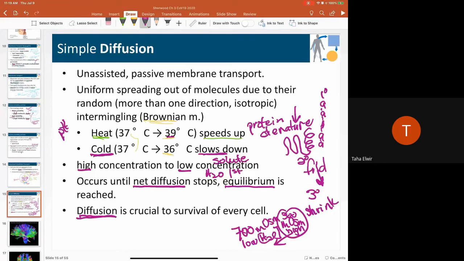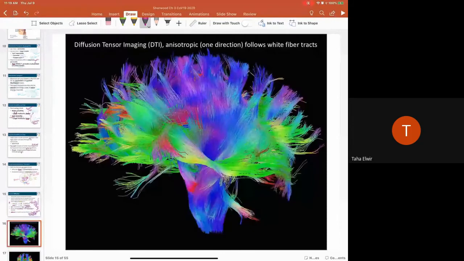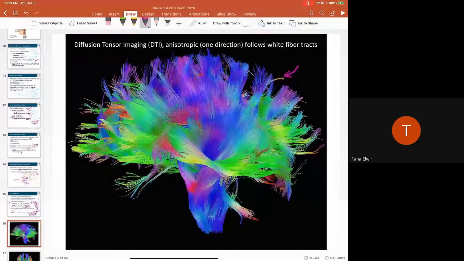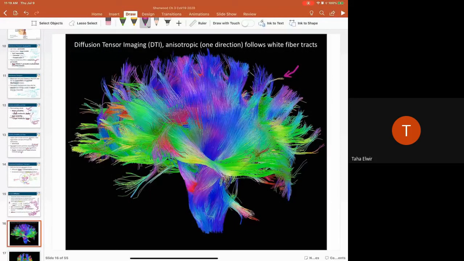Diffusion of water can also be around cells. That's where this picture comes in. All these lines here are axons. They're lipid membranes of neurons. They're oriented in different planes, so there's a coronal plane, there's a horizontal plane, there's oblique planes.